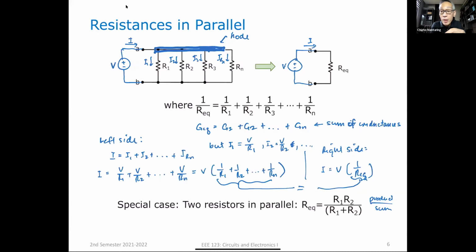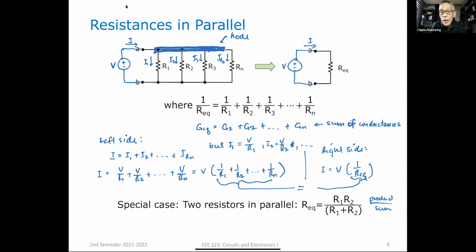And note that when you have two resistors in parallel, the equivalent resistance will always be smaller than either resistor. Req will be smaller than R1 and smaller than R2, if R1 and R2 are not equal to 0.